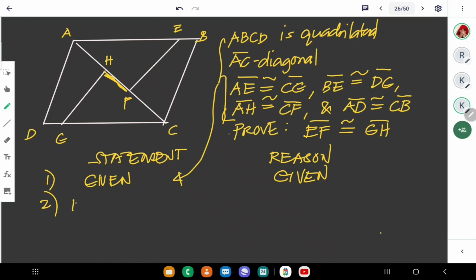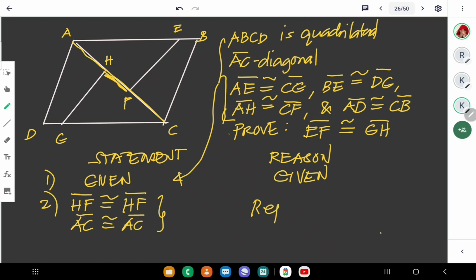So we can write segment HF is congruent to segment HF, and the diagonal AC is congruent to AC. So our reason is reflexive property.